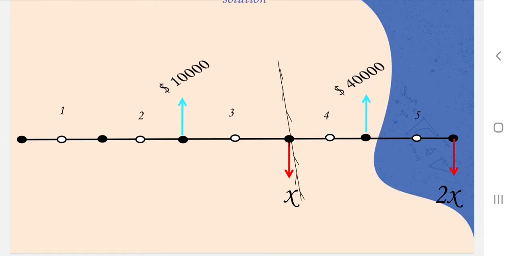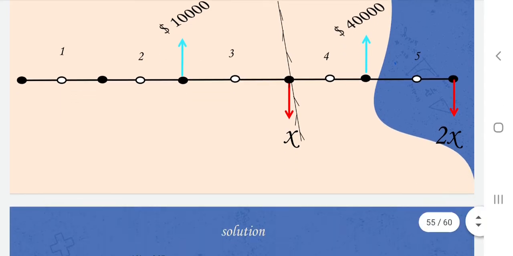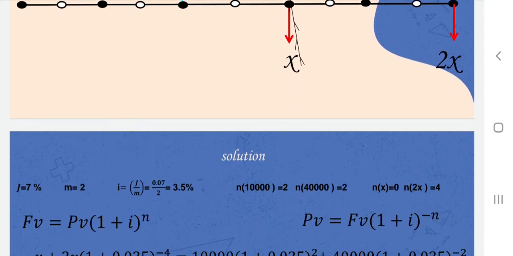This is the time diagram. The main formula: the amount of $10,000 plus the amount of $40,000 equal to x plus the present value of 2x.